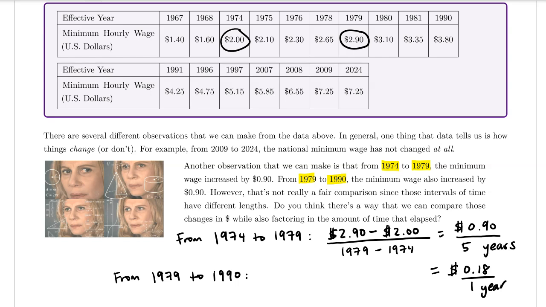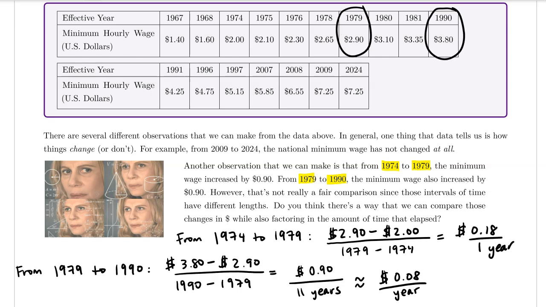I went ahead and I did the same calculation from the years 1979 to 1990. And notice that I have this squiggly line here because it doesn't end up coming out to be a nice number. So I rounded it to the nearest cent, but doing so shows that from 1979 to 1990, on average, the federal minimum wage increased by about 8 cents per year.